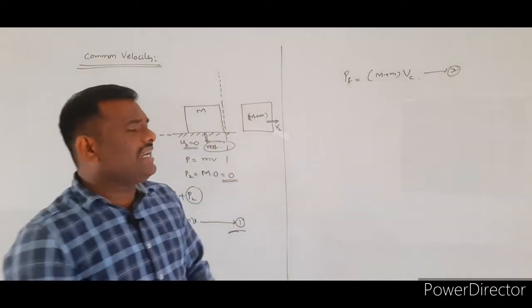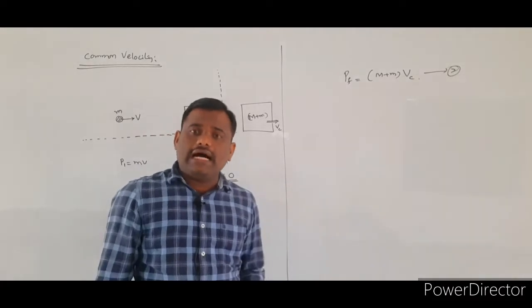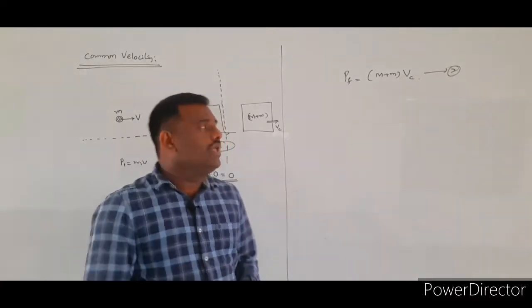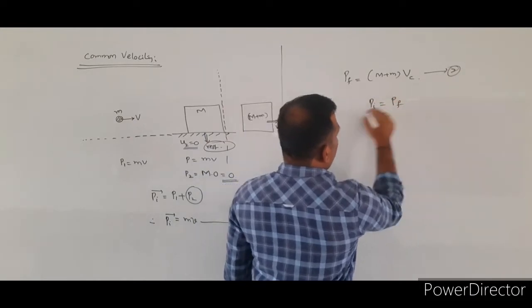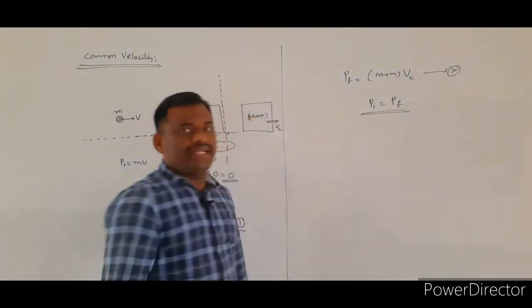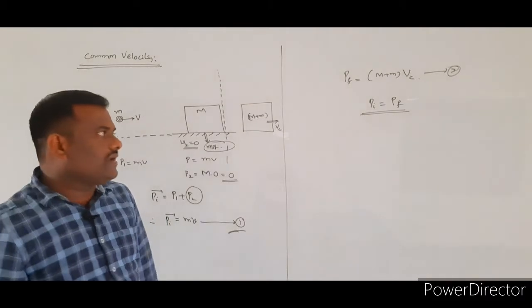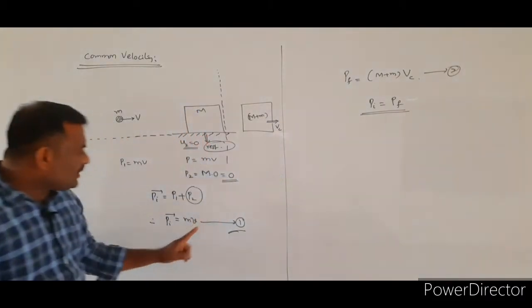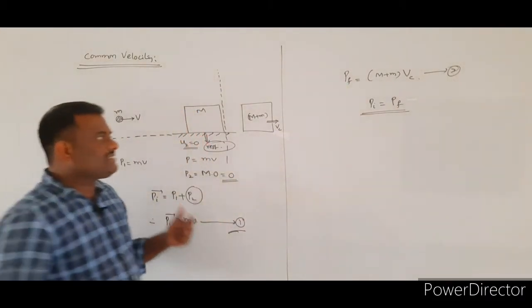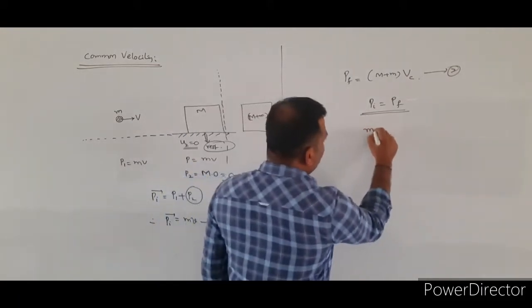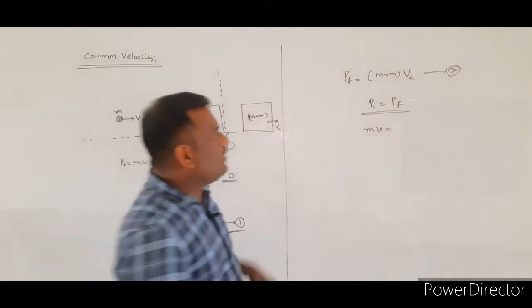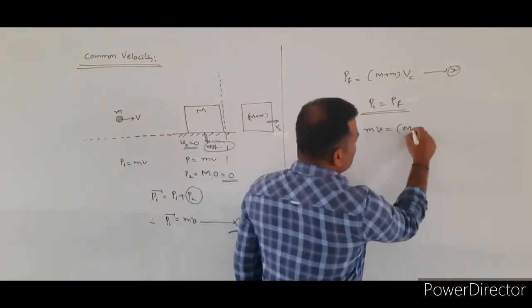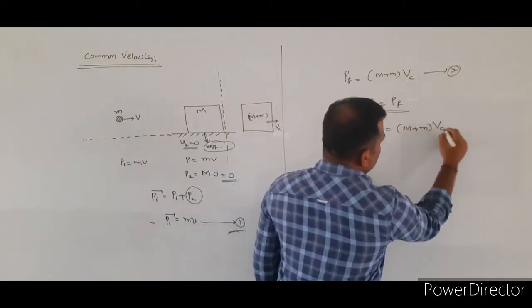So here we already said that in the law of conservation of linear momentum, total initial momentum is equal to what? Total final momentum. What is the total initial momentum value here? Small m into v. So the initial momentum value is equal to m into v, and the final momentum value is equal to M plus m and V suffix c.